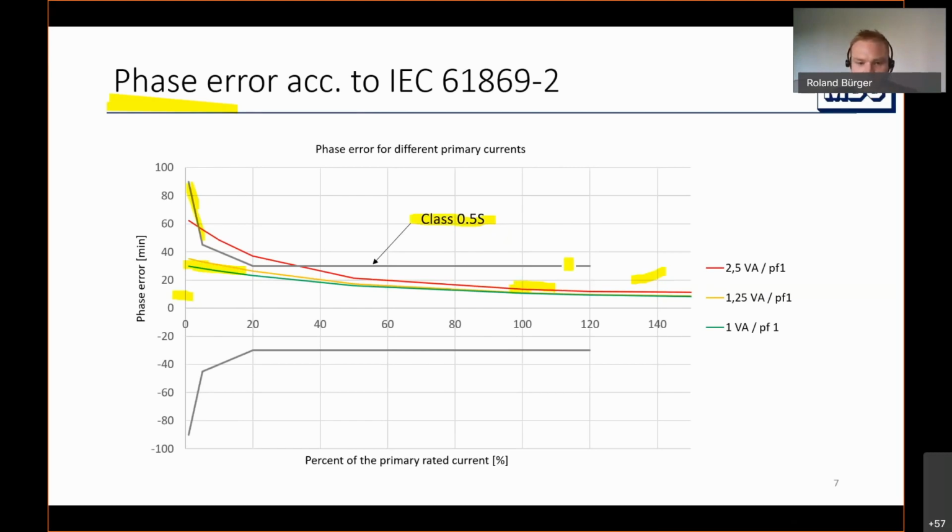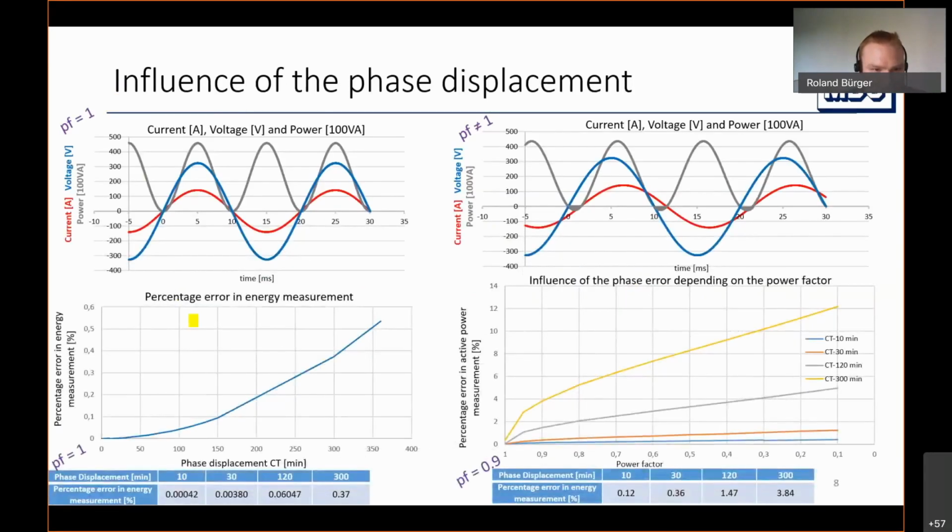And this also has an impact on the energy measurement. If we have a perfect system with sinusoidal waveforms, 10 minutes is only affecting the energy measurement with 0.00042%, which is nearly nothing, very accurate.